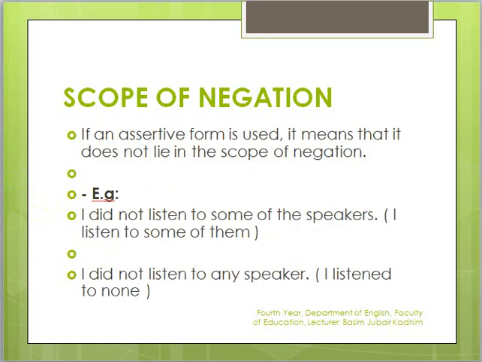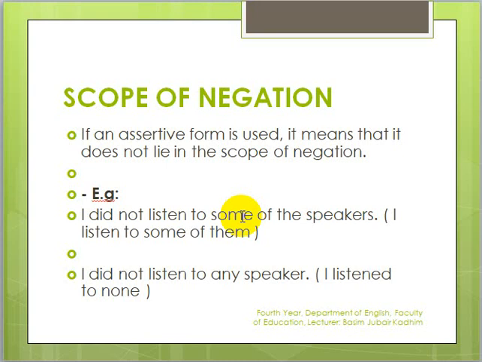So if an assertive form is used, it means that it does not lie in the scope of negation. For example, I did not listen to some of the speakers. Here it means I listened to some of them. You see this assertive form, which is some, okay, it means it does not lie in the scope of negation.